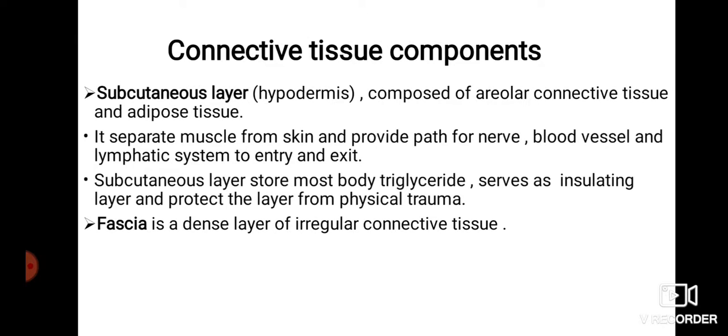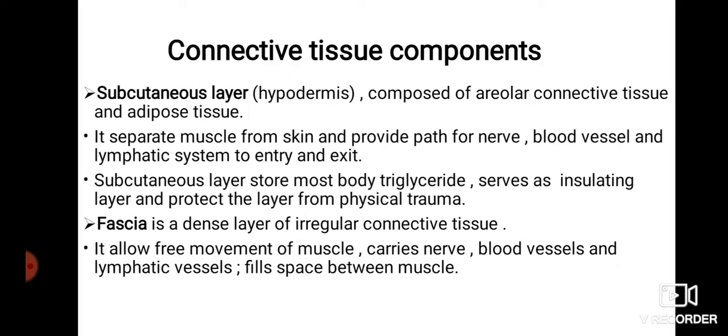And the next, deep layer is the fascia. It is composed of dense irregular connective tissue. It allows free movement of muscles and carries nerves, blood vessels and lymphatic vessels.